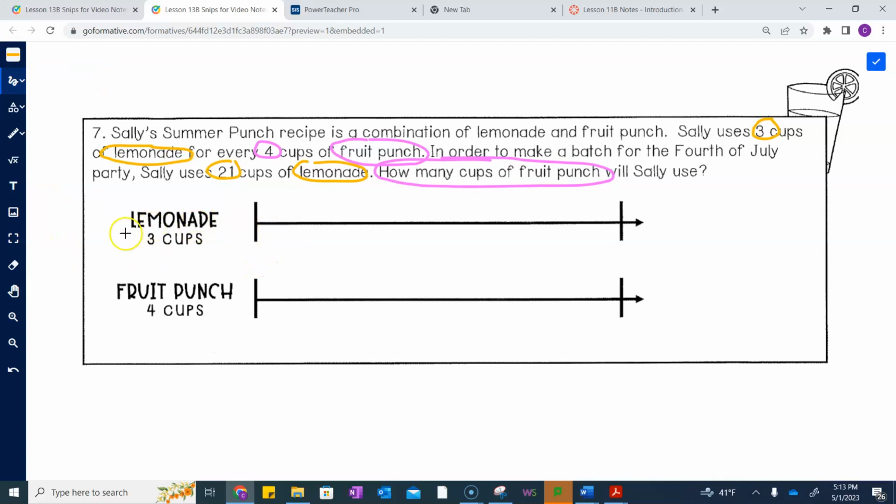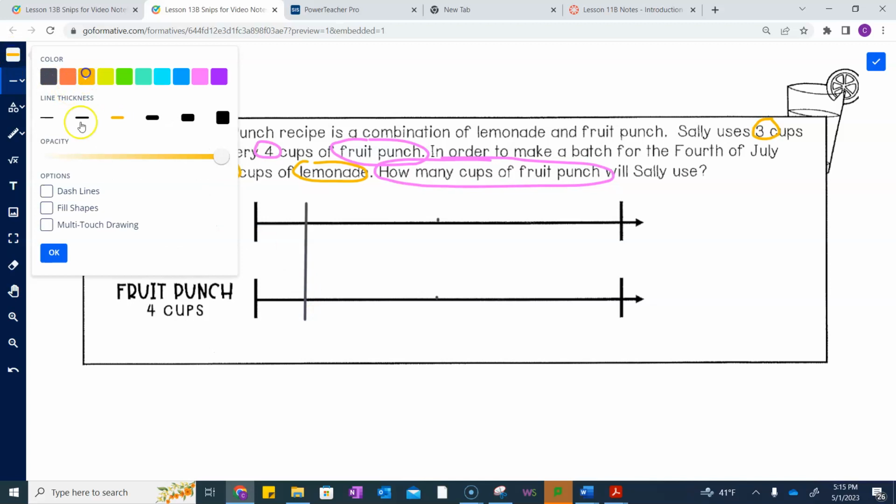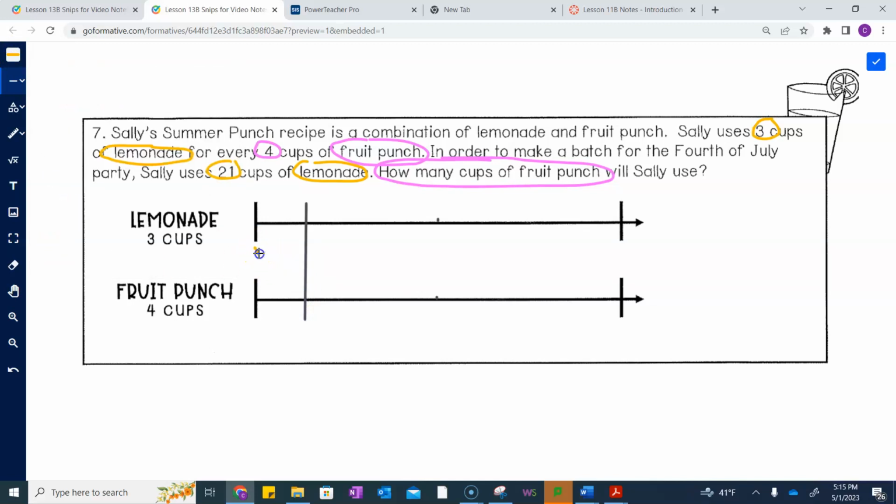So we're going to do what we call a double line diagram. I have 2 number lines here. The first number line is our cups of lemonade, and the second number line is our fruit punch. So I'm going to start to mark off our ratio using this double line diagram. To start with, let's number this 0 cups of lemonade.